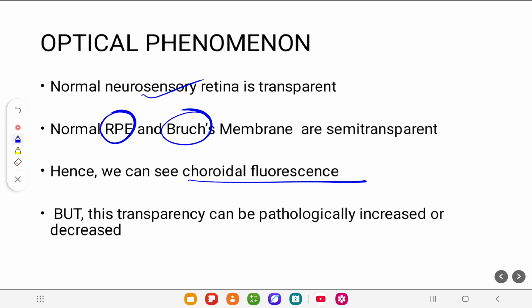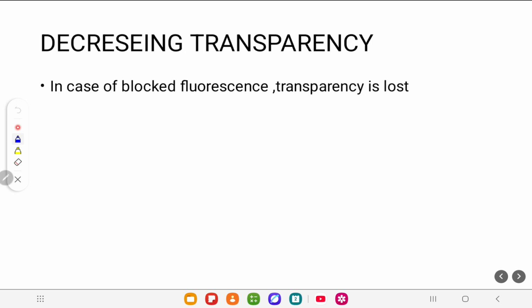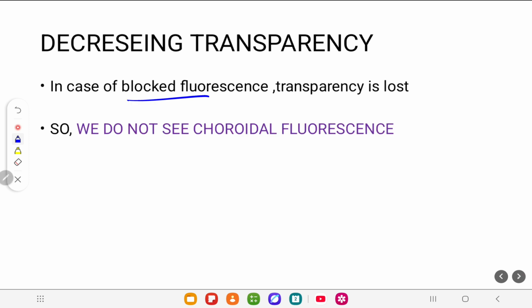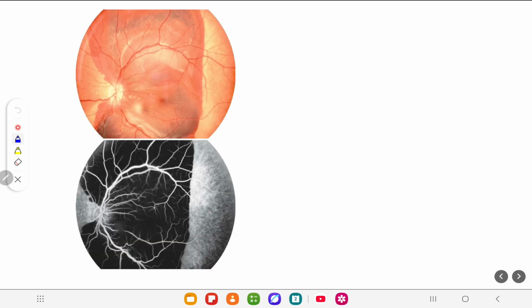At the same time, we have block, isn't it? Because if RPE and Bruch membrane work as a blockage, then we have a block defect. If RPE and Bruch membrane are more transparent, then we have a window defect. So decreasing transparency means blocked fluorescence, and choroidal fluorescence cannot be seen.